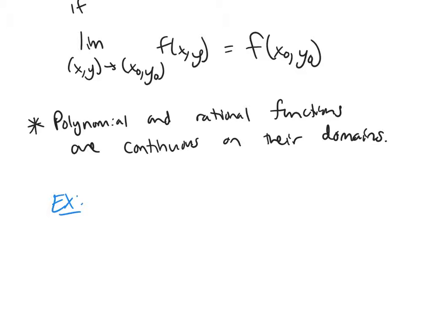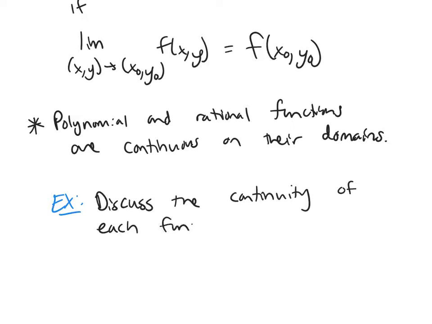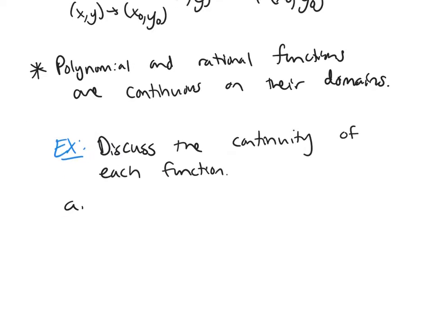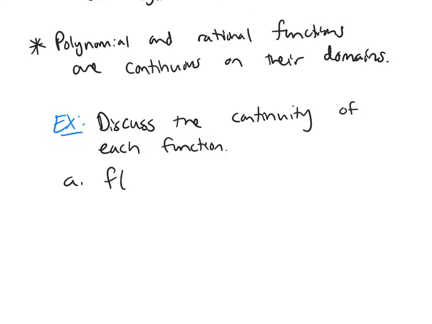Discuss the continuity of each function. So the first one we're going to look at is the function f of xy is x minus 2y over x squared plus y squared.